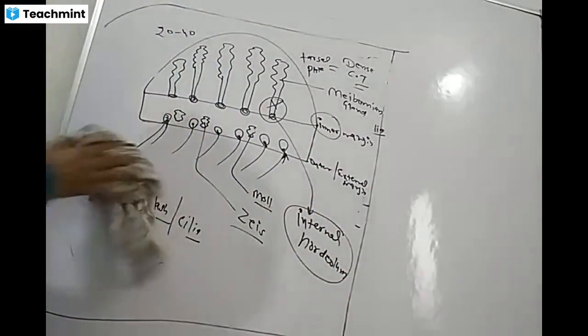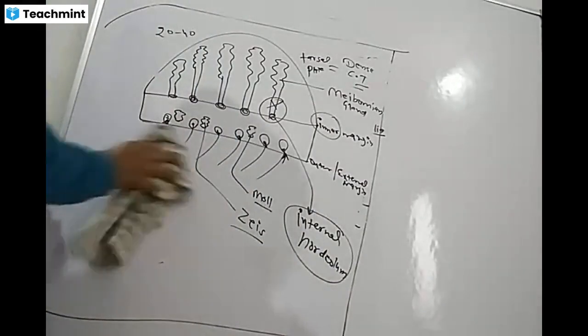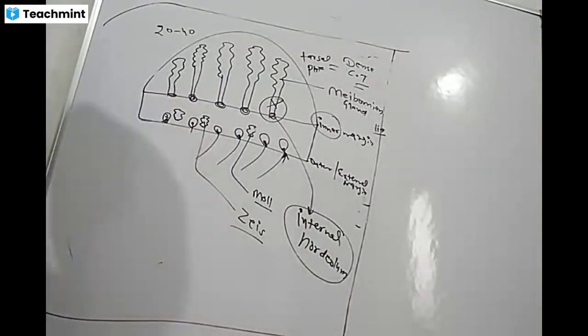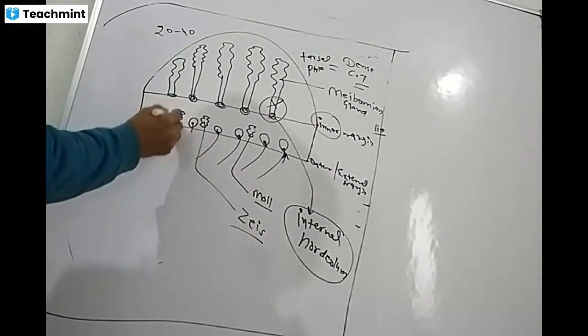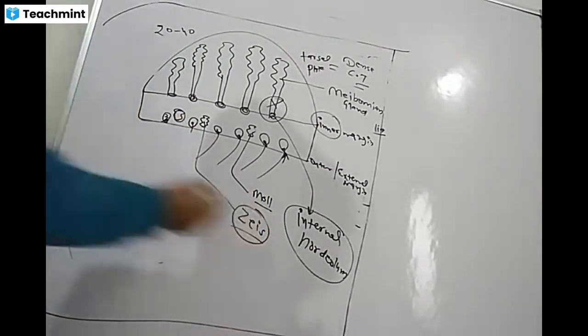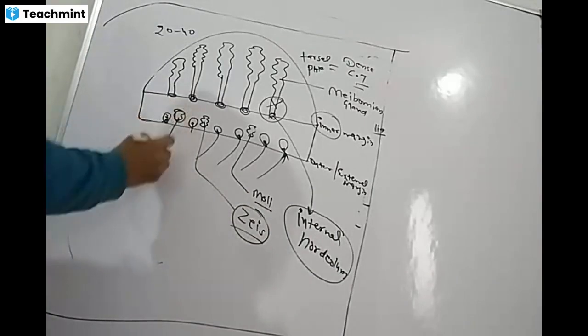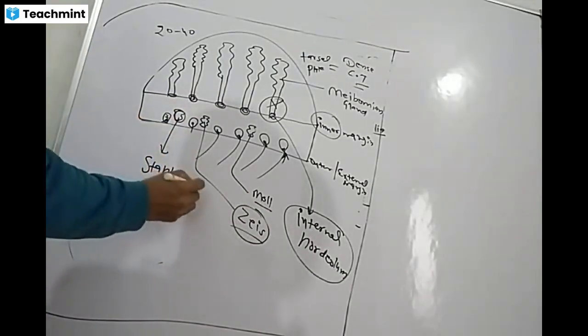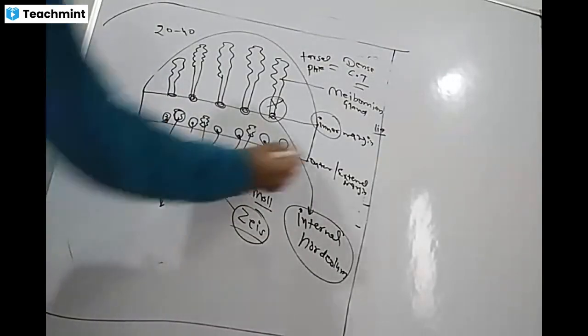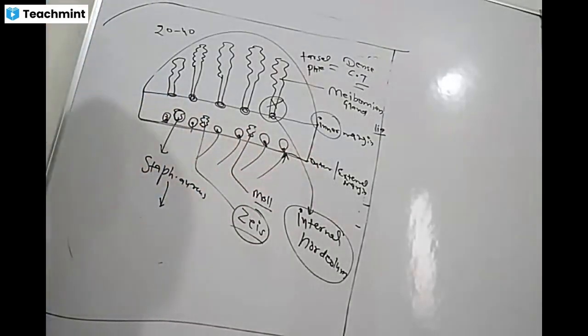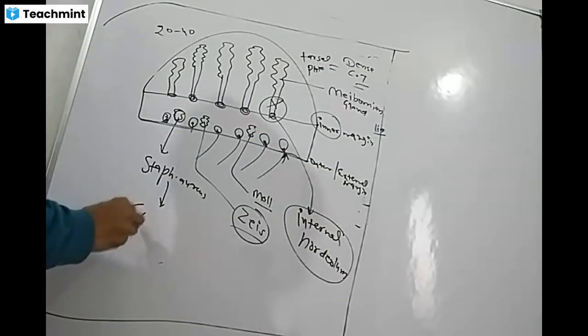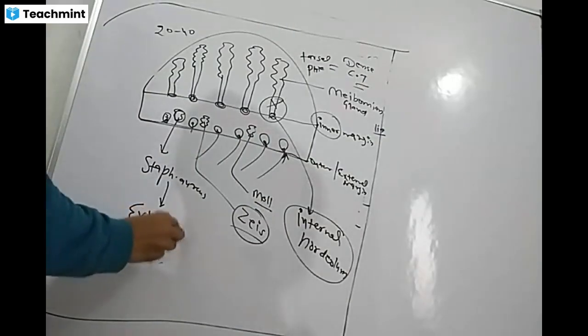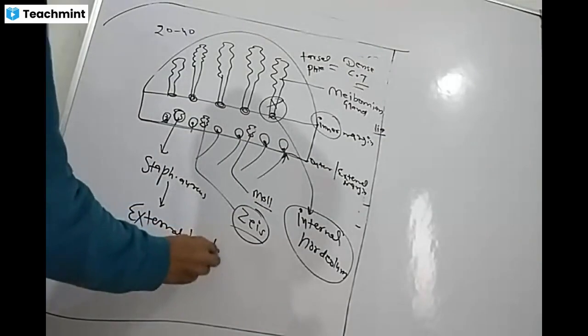And similarly, if staphylococcal infection happens at the external margin, these are the glands of Zeis, then it is called external hordeolum.